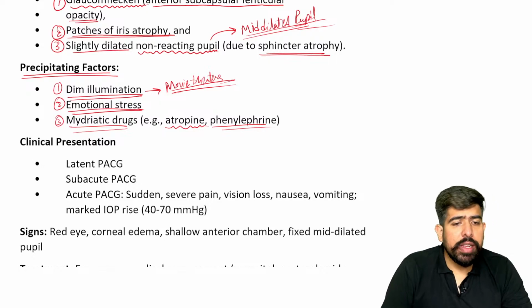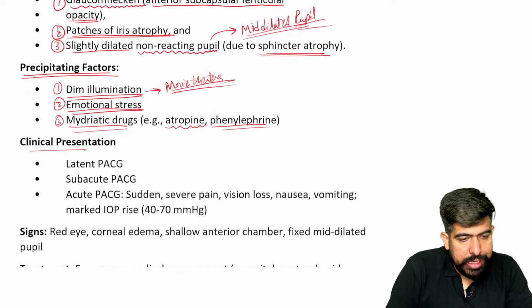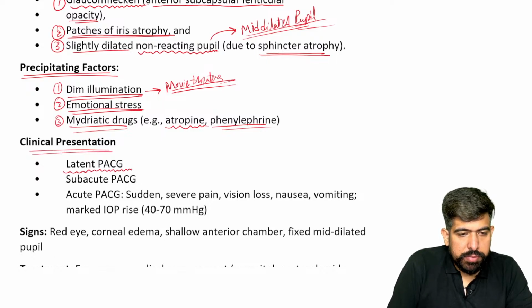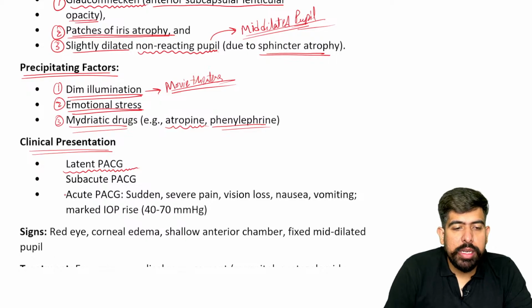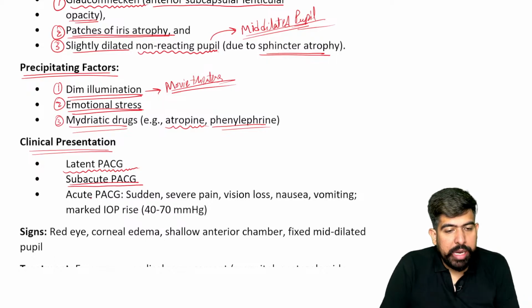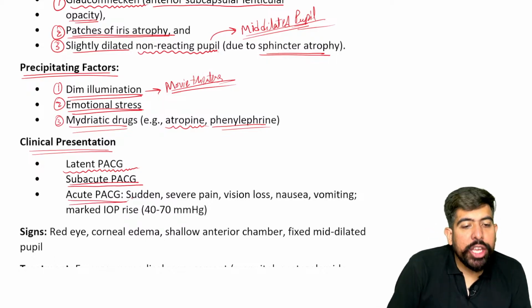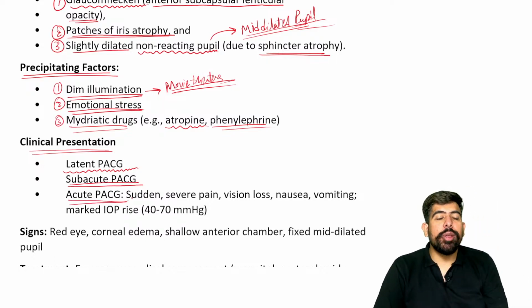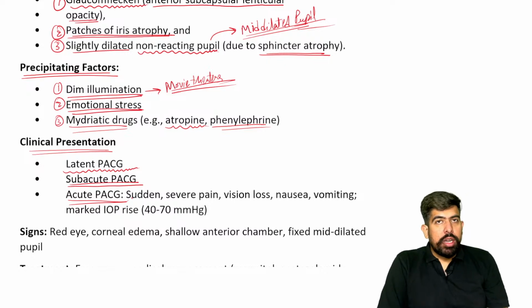But what kind of clinical presentation will be there? In the clinical presentation, there is latent primary angle closure glaucoma, or maybe subacute primary angle closure glaucoma, or maybe the patient is coming with acute primary angle closure glaucoma.